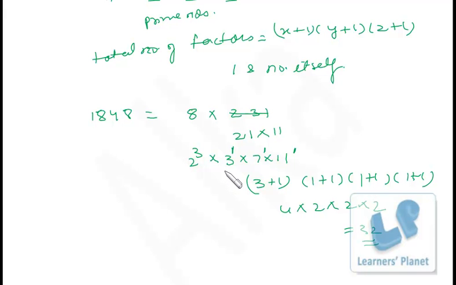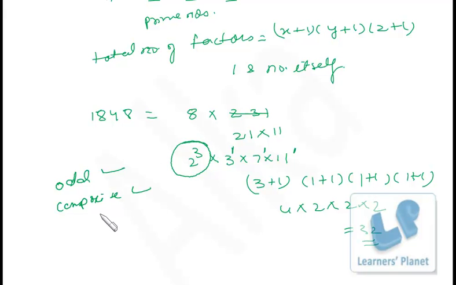But we have to find odd composite divisors, that means we want odd and also composite. So we need to eliminate 2, 3, 7 and 11, right? But we want odd also, so we need to eliminate 2 entirely. So this complete part will be eliminated, right?